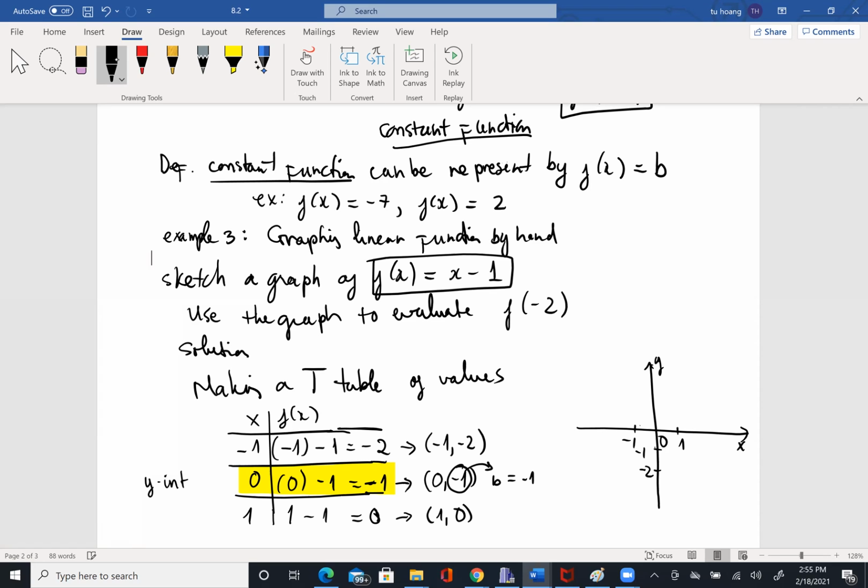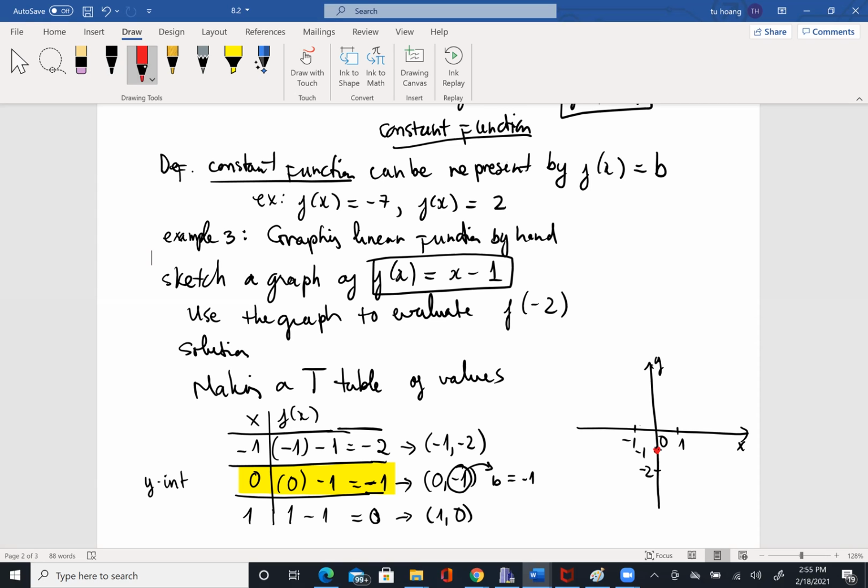I have the y-intercept at 0, -1, so one point should be here. What else?